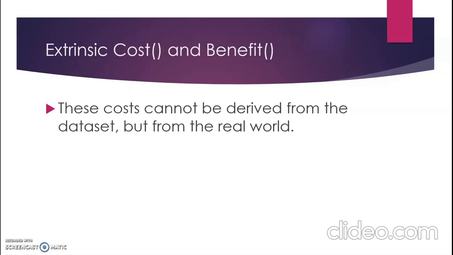So these extrinsic costs cannot be derived from the data set, but must come from the real world. All of these costs have to be pre-calculated with the discussion from the domain expert.